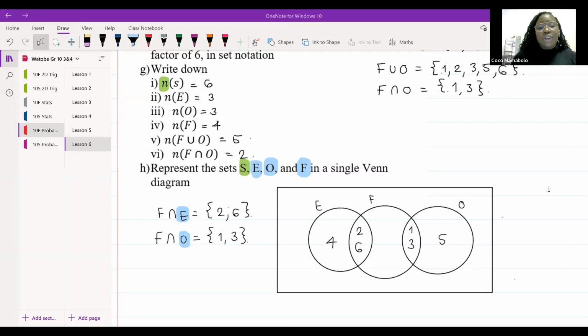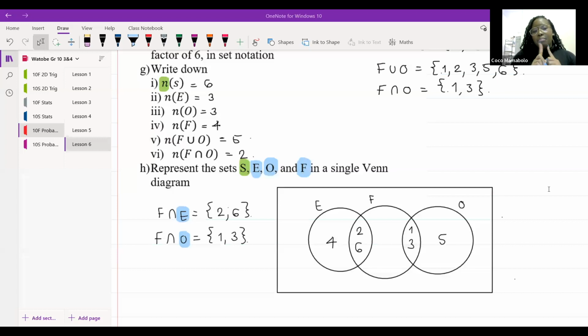Why did you not make E and O intersect? Is it because they don't have anything in common? Even and odd numbers. They don't.